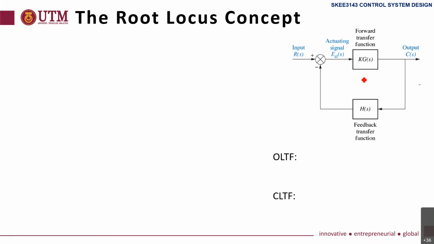Okay, let's see this block diagram. This is a common closed loop system where G(s) is the transfer function. Normally we call G(s) the forward transfer function. And K is a gain.